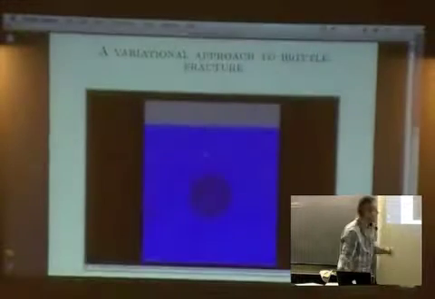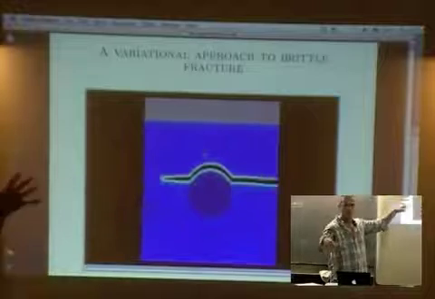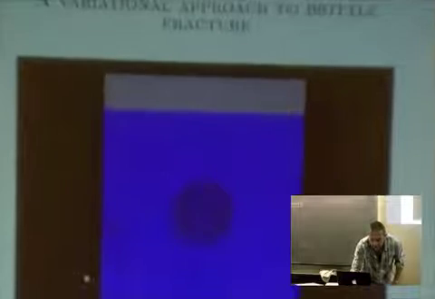Okay, so here is the thing. In the rest of my time I'll tell you how we do this computation. But essentially, you have a square. That square is elastic. It's clamped to a rigid shaft. It's a 2D problem, and you pull on it up there with an increasing displacement.